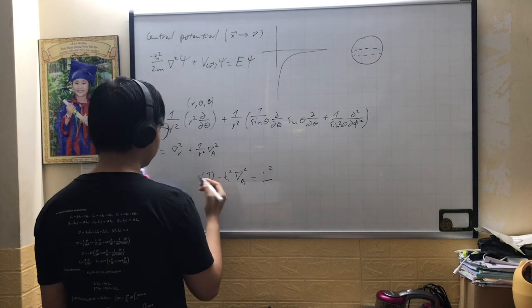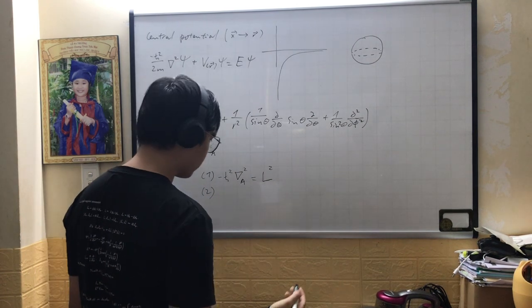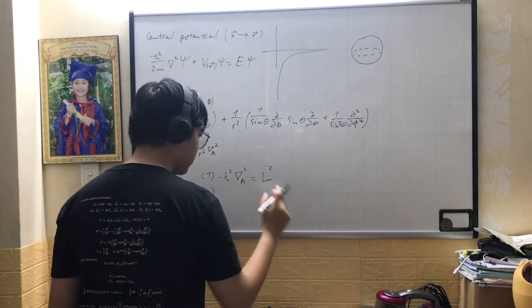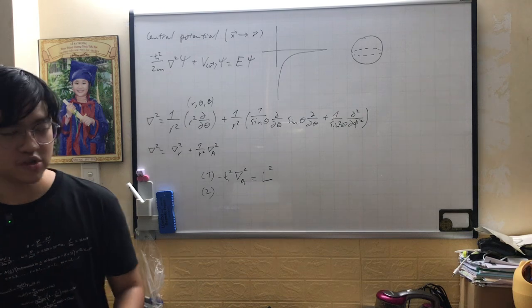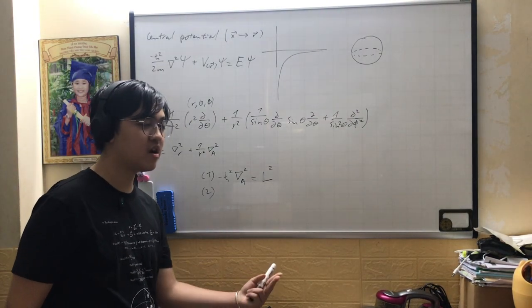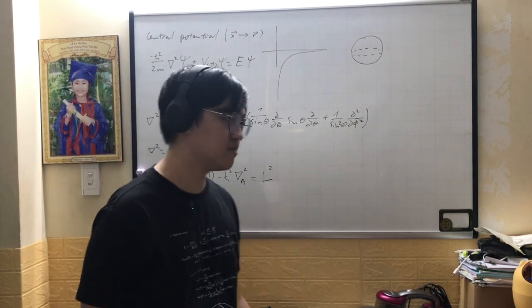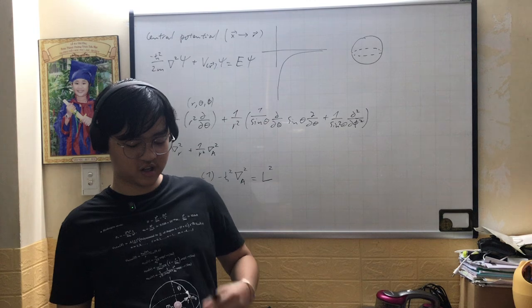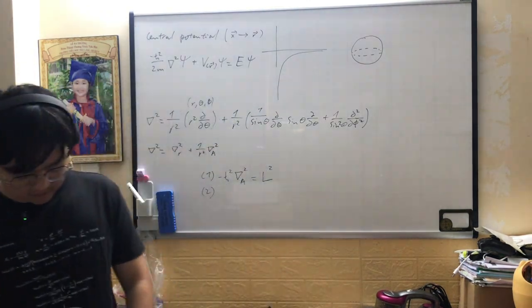Okay, and the second thing that you have to remember is that this equation is relevant and very much usable in the case where you have to consider two bodies, something like a hydrogen atom.